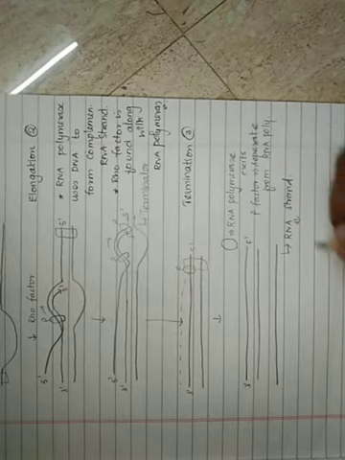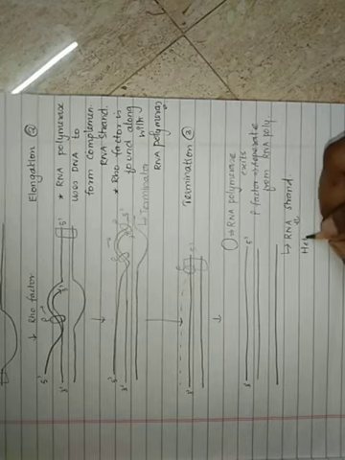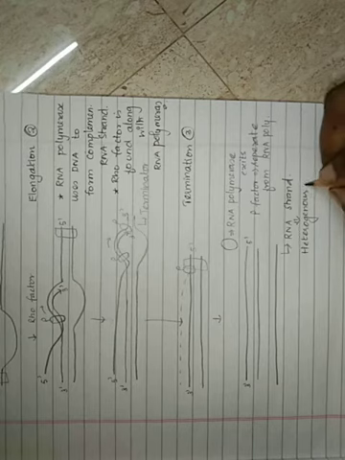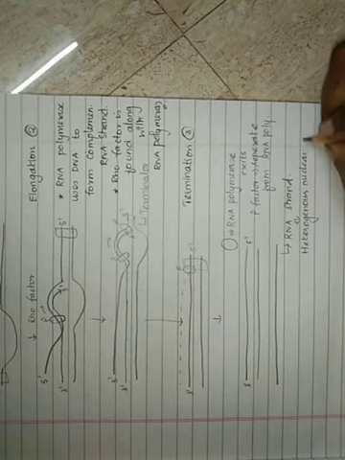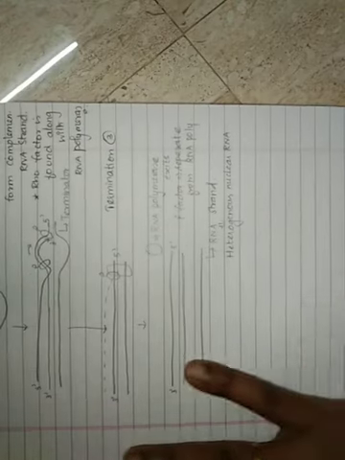This RNA strand is called the heterogeneous nuclear RNA. This is not mRNA, this is actually an immature mRNA.